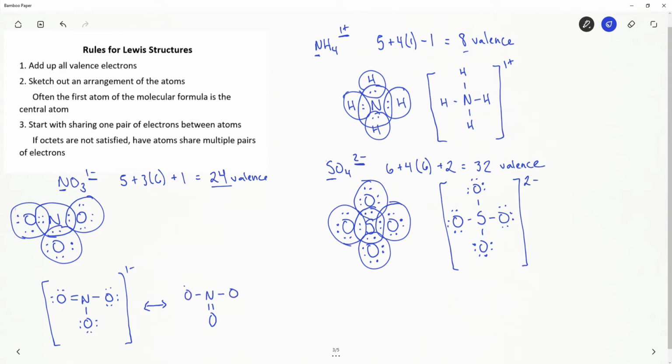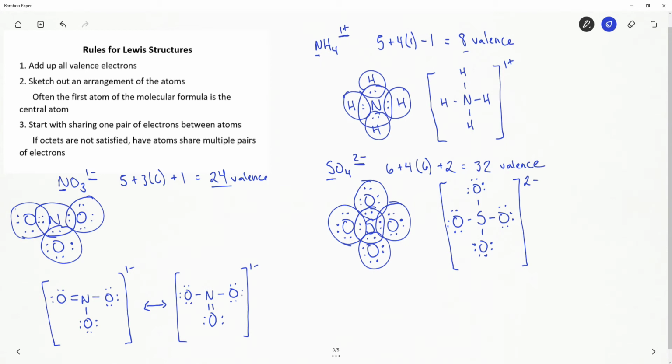Okay, don't forget your lone pairs here. It's not a valid Lewis structure if you don't have all of your lone pairs. Okay, double check. Is that a valid Lewis structure? And you can check and make sure that each atom has a full octet. Yes, they do. That is a valid Lewis structure.